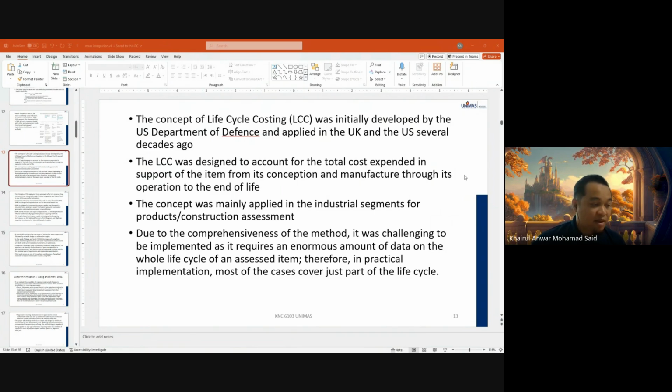The answer is, it's a cost assessment tool that calculates total cost over an item, while WPA, water pinch analysis, is an in-process targeting and optimization tool. Majority of you choose C, excellent work.